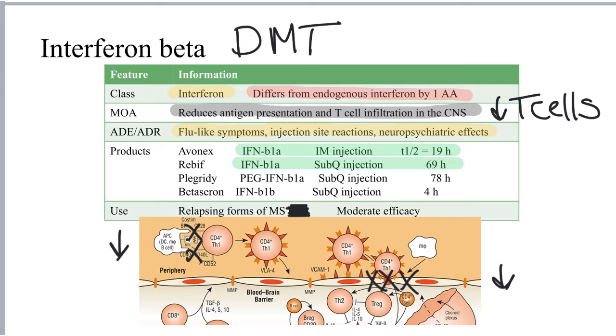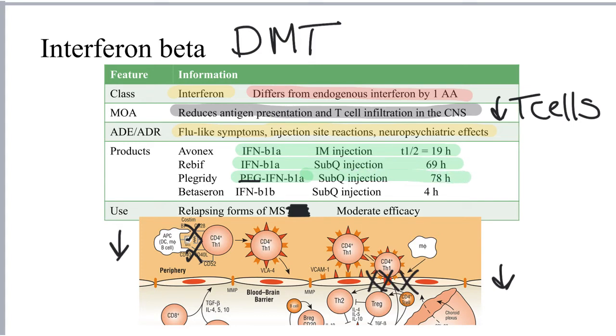Plegridy is also an interferon beta 1A product, but it contains an additional functional group called PEG, or polyethylene glycol. This pegylation results in increased absorption and distribution throughout the body. It is administered by subcutaneous injection and has a relatively long half-life at 78 hours.